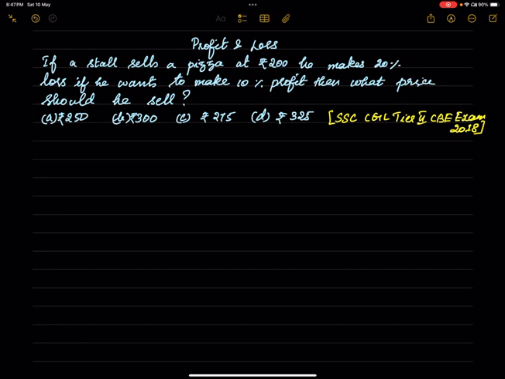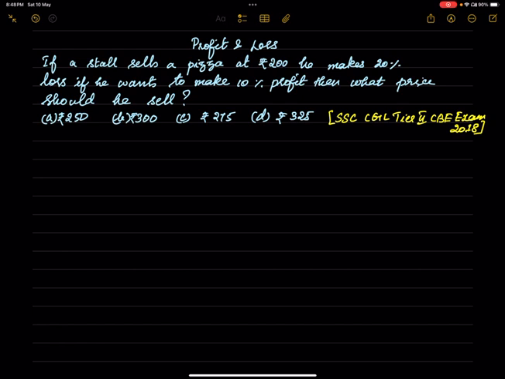First of all, by using the SP and loss percentage, we have to find out the CP. After that, we should use that CP to find out the selling price in the next process. If SP is given and loss percentage or profit percentage is given, we have one formula.